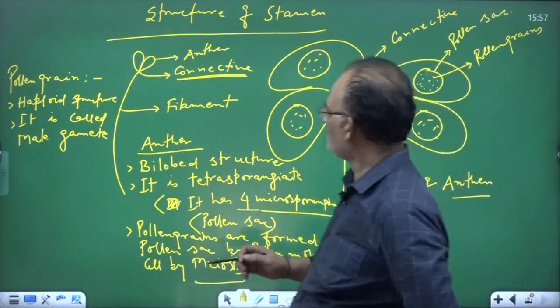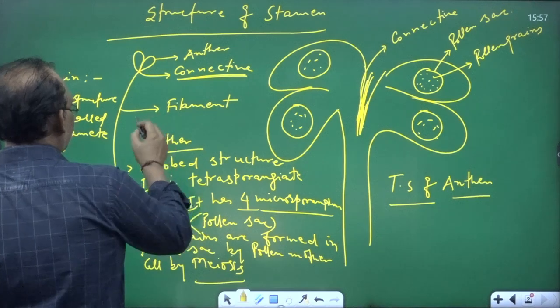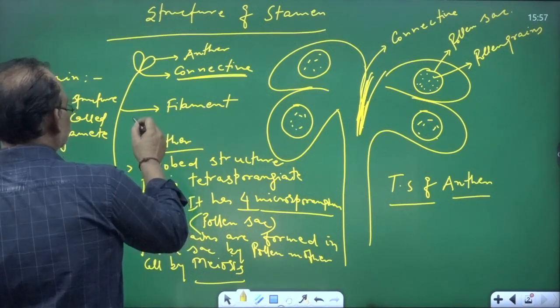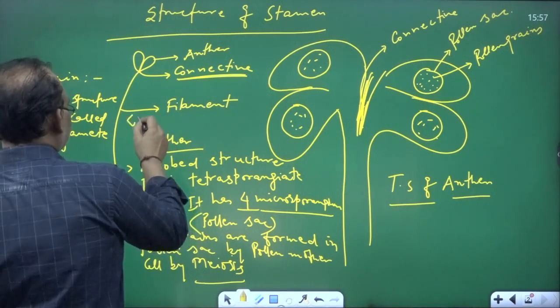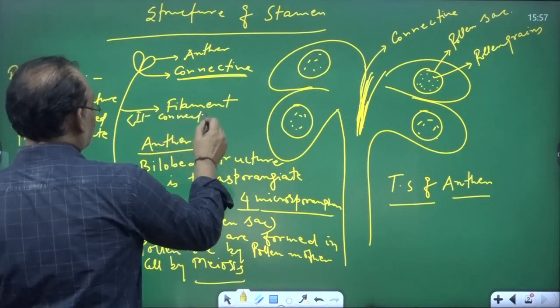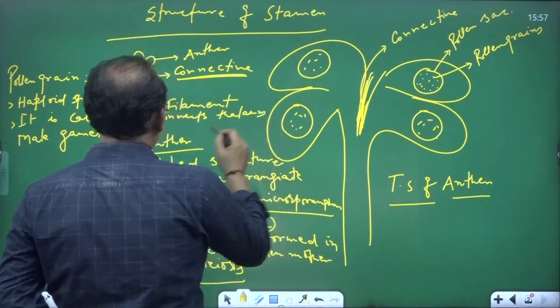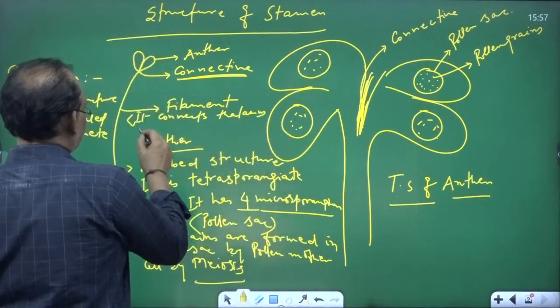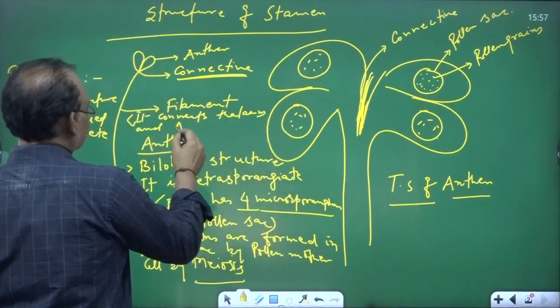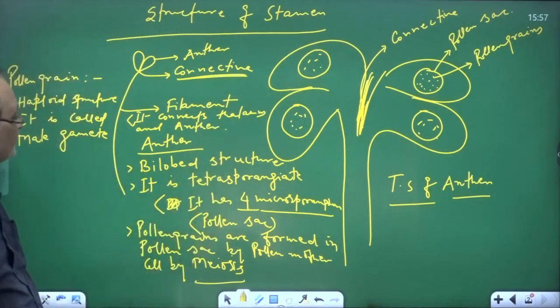You can write it here: filament is it connects thalamus and anther. So filament actually originates from thalamus.